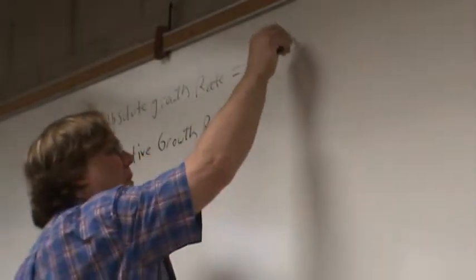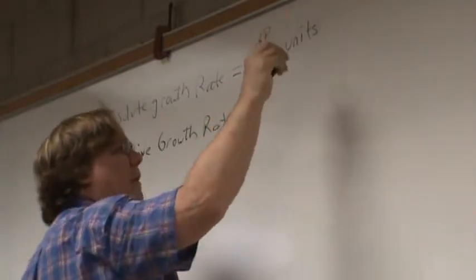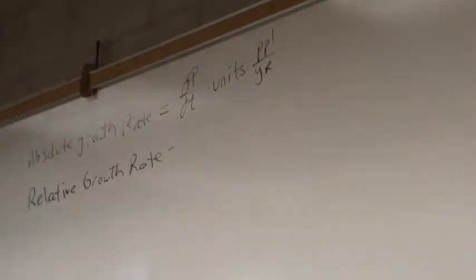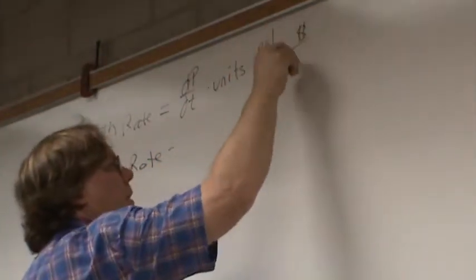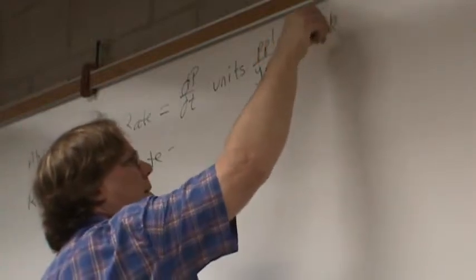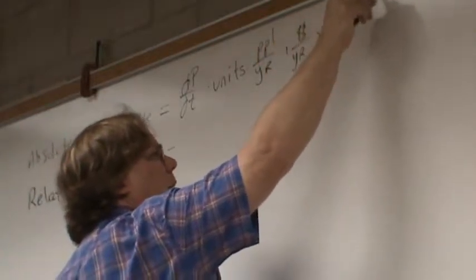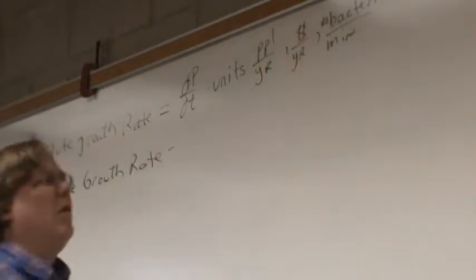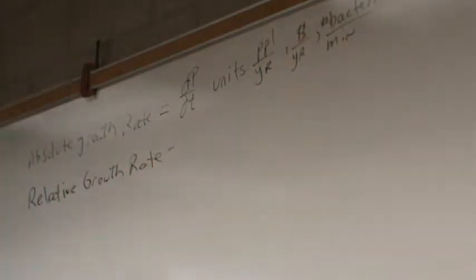So the units of absolute growth rate are going to be things like people per year, if you're looking at population growth, or maybe money per year, or if you're looking at bacteria growth, maybe it's the number of bacteria per minute. But it's going to be an absolute growth rate. So judging by absolute growth rate, who did better, me or Bill Gates?